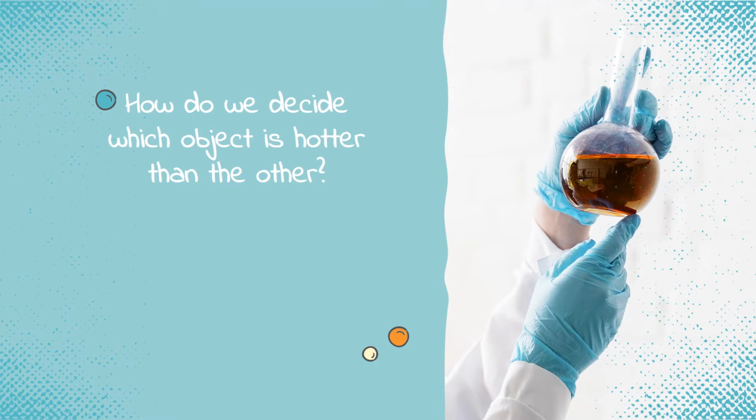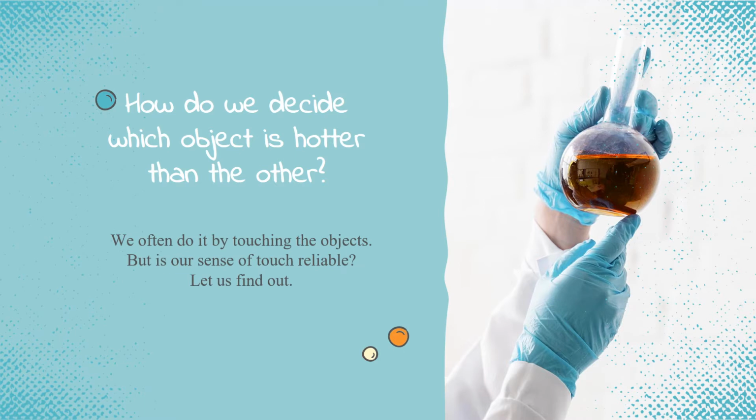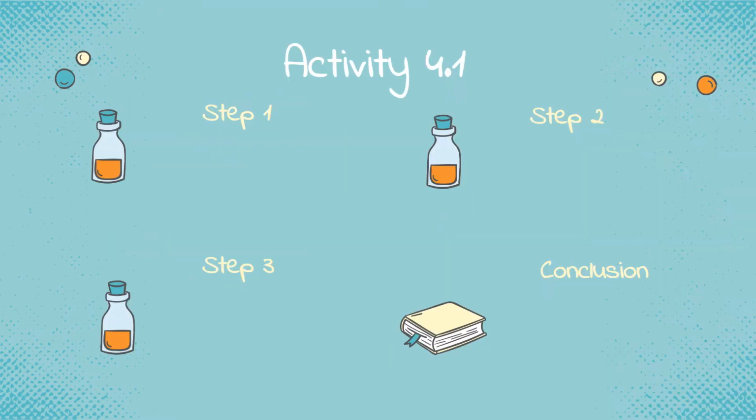So how do we decide which object is hotter than the other? We often do this when we touch the objects because our sense of touch is usually reliable, right? But actually, let's test that. Let's find out if our sense of touch is reliable in deciding if one object is hotter than the other. We're going to do a little activity to figure that out.